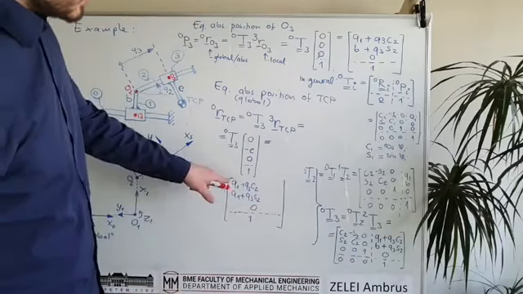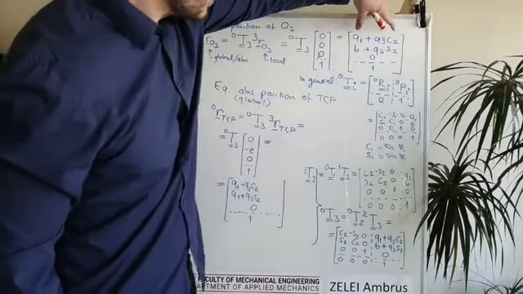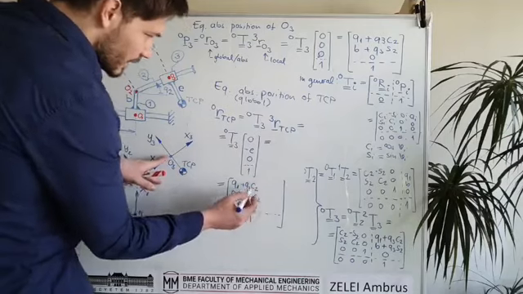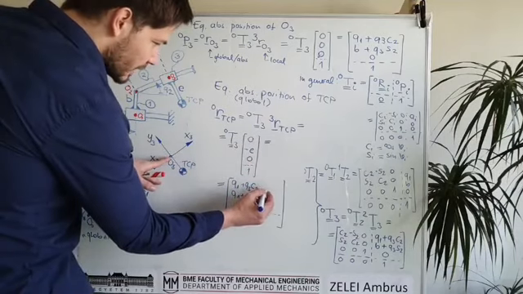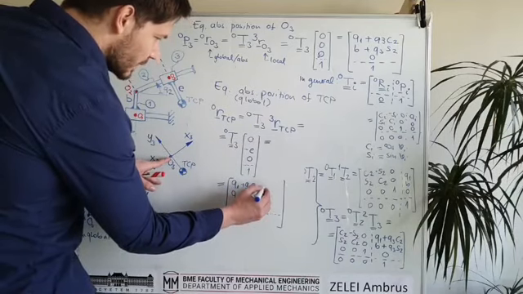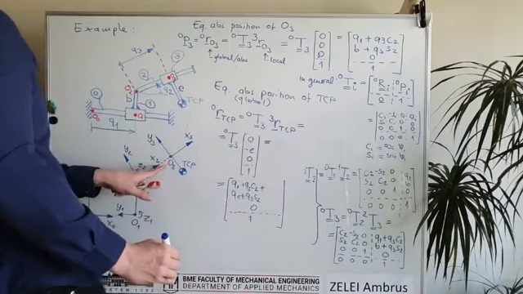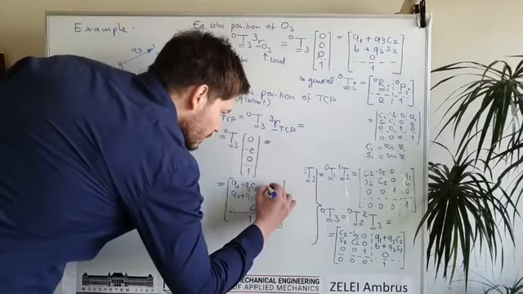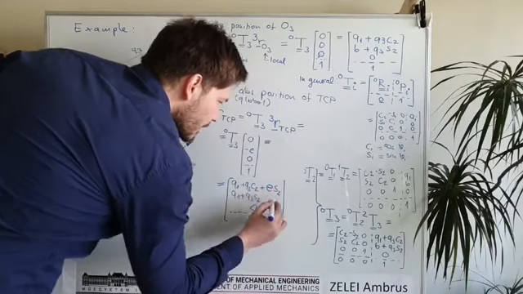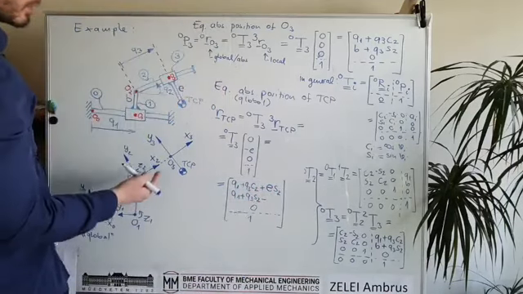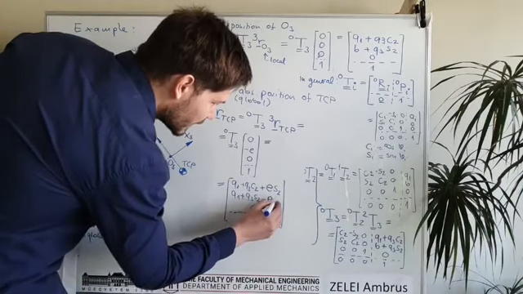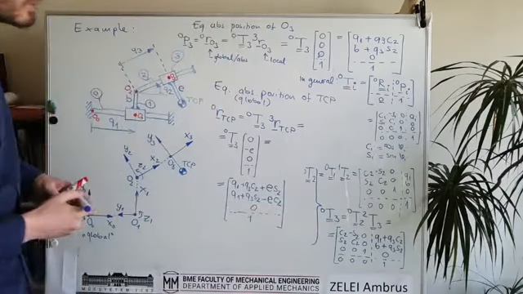And additionally, this is so far the position of point O, and we will have some other terms if we do this multiplication. So the next term will be plus e times sine Q2, and minus, so in vertical we go in minus direction, minus e times cosine Q2.